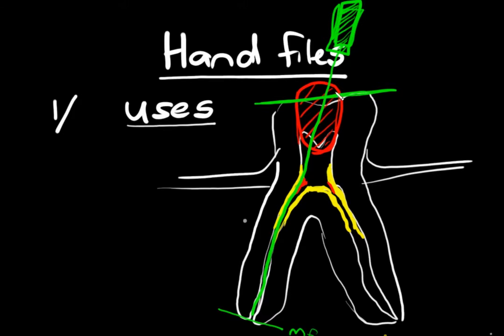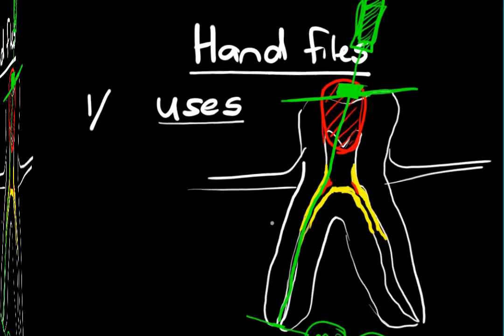The working length will be from generally your buccal cusp, so the rubber stopper will sit here on the file like that, and so the working length will literally be from there to the minor foramen, or the minor constriction. So minor foramen, or sometimes called the minor constriction, there.